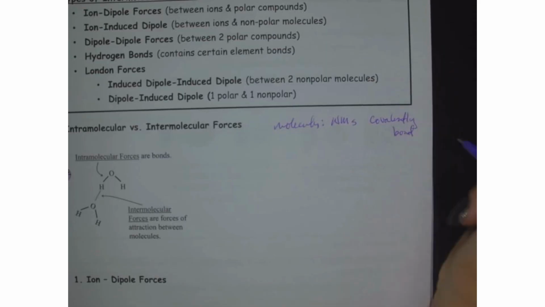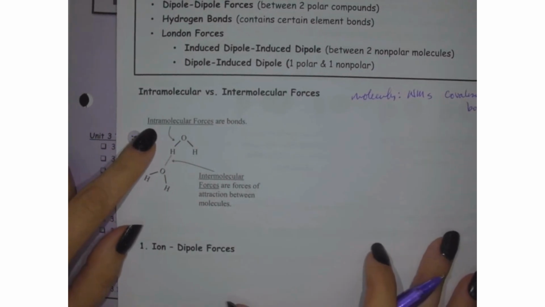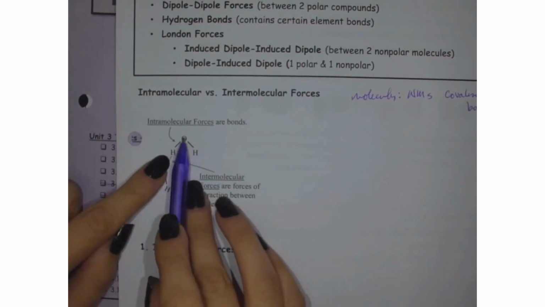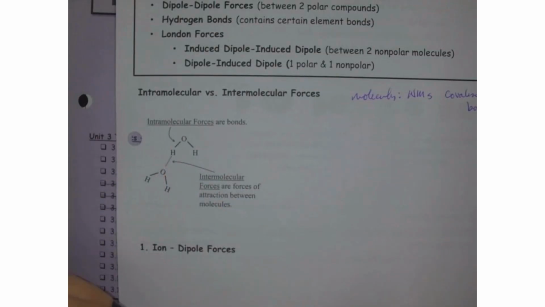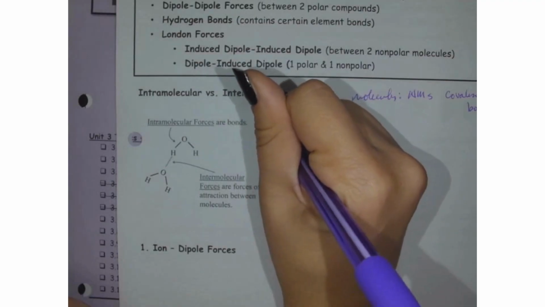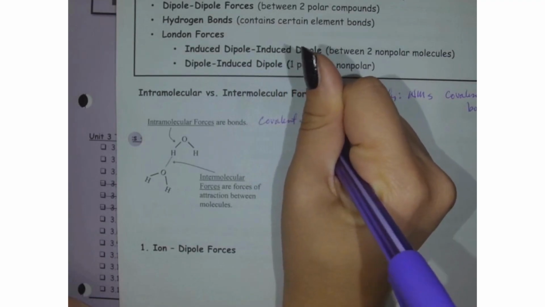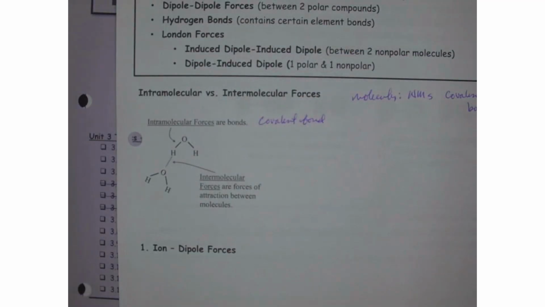Now, this structure of atoms covalently bonded, whether it's polar covalent or non-polar covalent bonds, that is a molecule. The intramolecular force holding atoms together inside of a molecule are those covalent bonds. And again, it could be polar covalent or non-polar covalent.